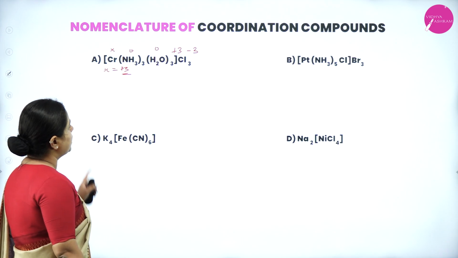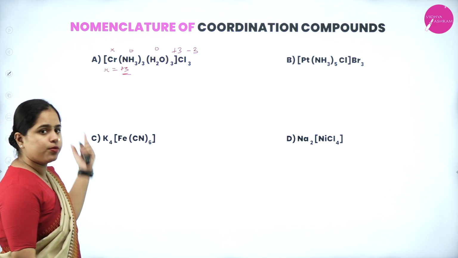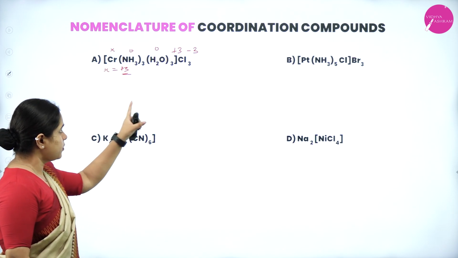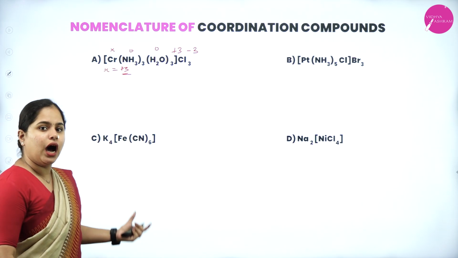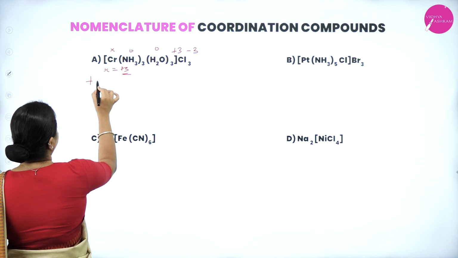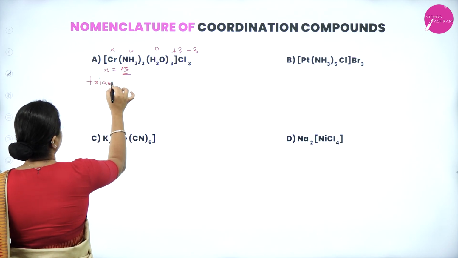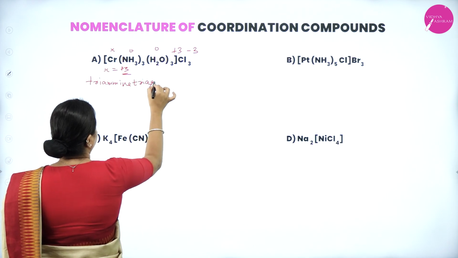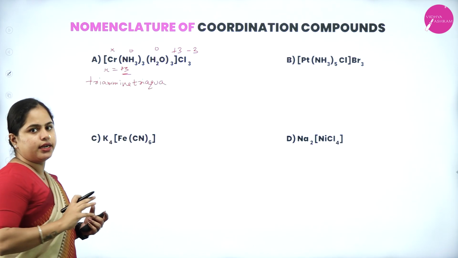Now let us name it. Which is the cationic part? Of course, the coordination sphere is the cationic part, so we name that first. It is aqua and amine, and of course, amine will come first, so we write triamine. Then comes triaqua. Then we come back to our central metal atom.